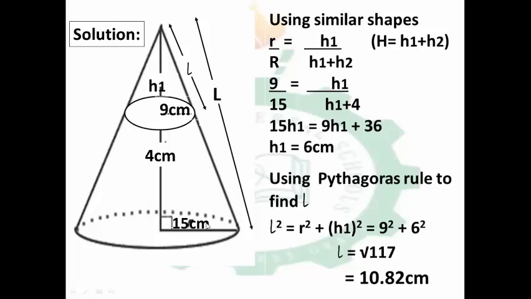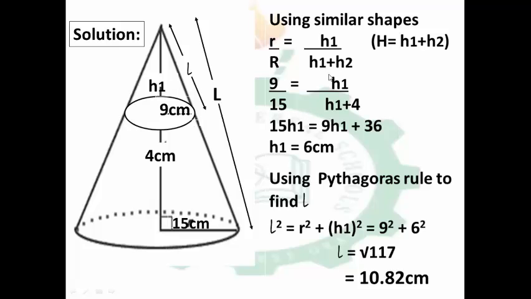So 9 over 15 equals H1 over H1 plus 4. Cross multiply, you are going to have 15H1 equals 9H1 plus 36. And your H1 is what? 6 centimeters.